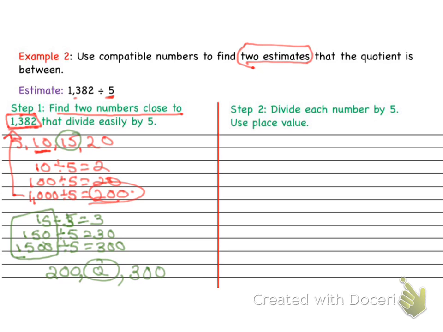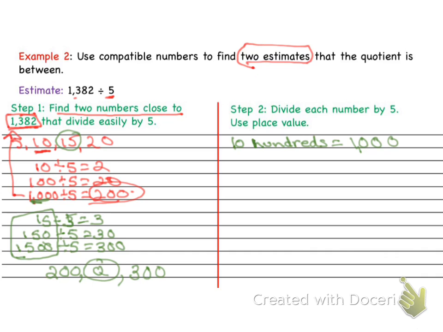Now, if I wanted to do that using place value, I could say for the 1,000, I have 10 hundreds, because that equals 1,000.